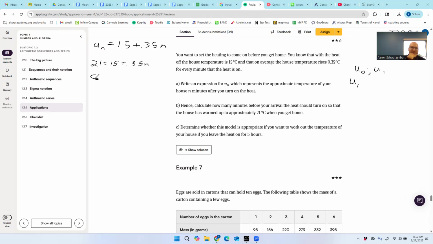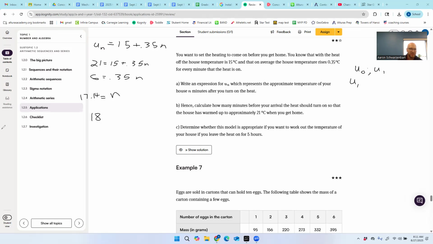I'll subtract 15 from both sides and get 6. I divide 6 by 0.35, and I get 17.1. My house will not have reached 21 at 17 minutes, but it says calculate approximately 21.